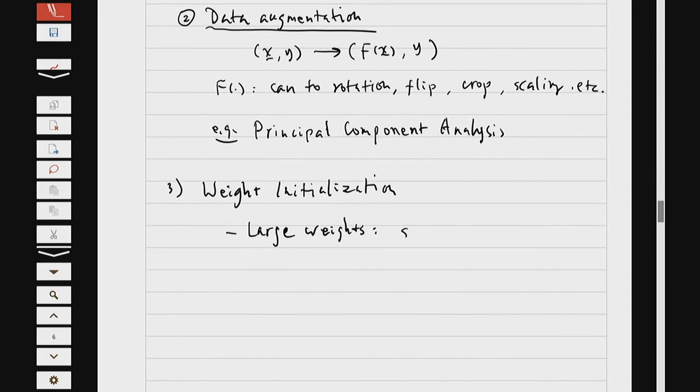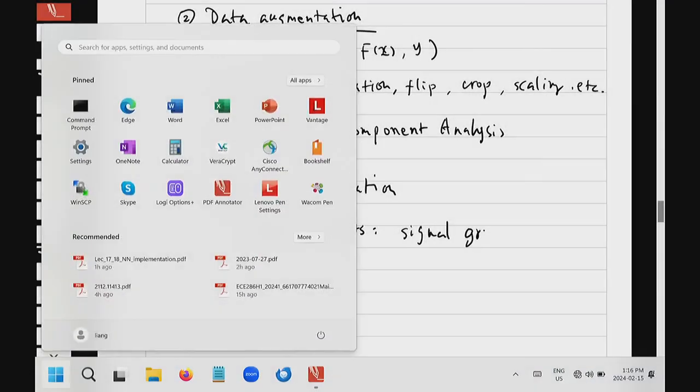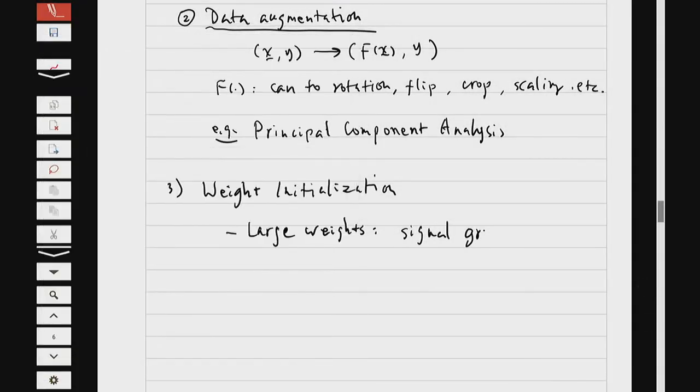What are the problems with large weights? The signal grows over layers and becomes too massive to be useful.